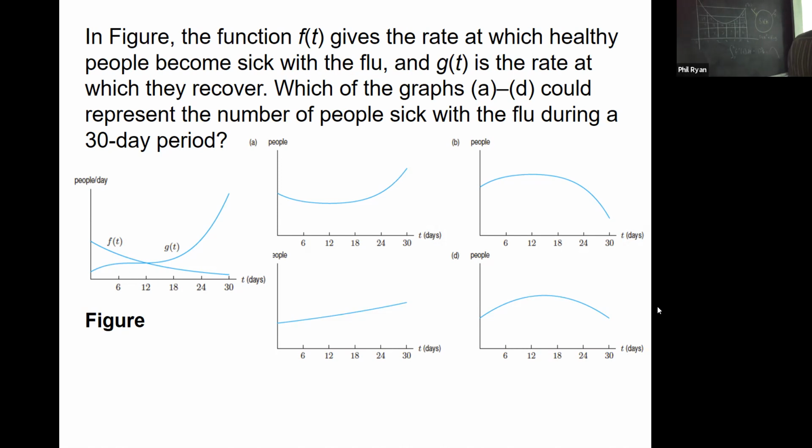So what are the candidates? These two totally don't work at all. So it's going to be either B or D. Both of them increase, go flat, and then decrease.